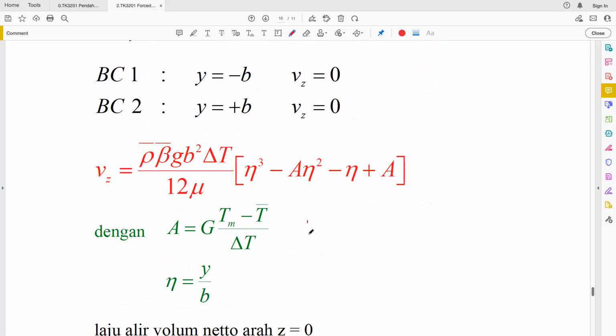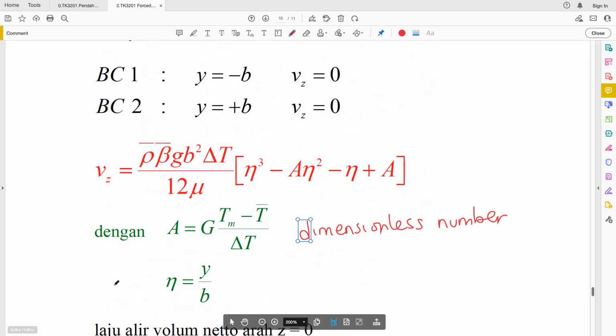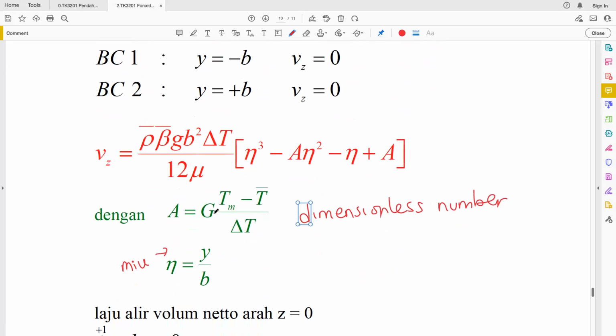So this is a dimensionless number, which is called mu. Mu would be a dimensionless number for the distance, for the thickness, and A is for the delta T with some Grashof number.